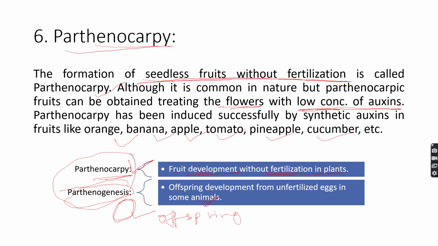But in case of parthenocarpy, the ovary is forming the fruit, and this is seedless fruit. So that's why both are different.